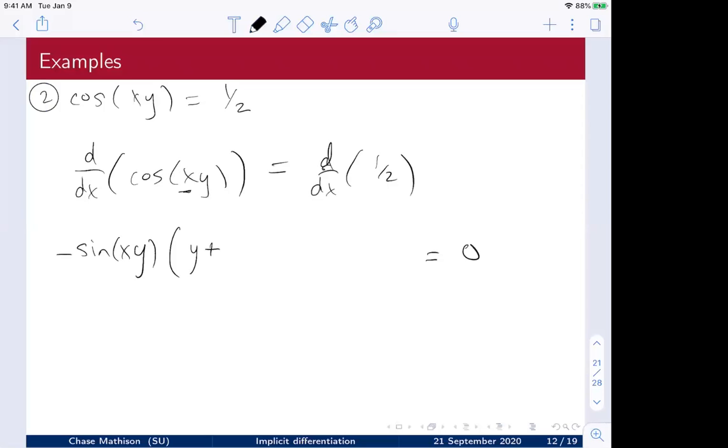Plus, then I'll leave the first function alone, x, and I'll take the derivative of y with respect to x. But again, that's just dy/dx, right? And we're done with the derivative of the left-hand side. Are there any questions about where this came from?